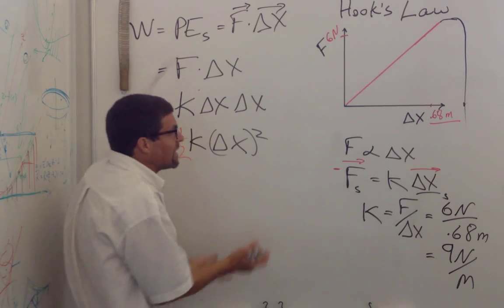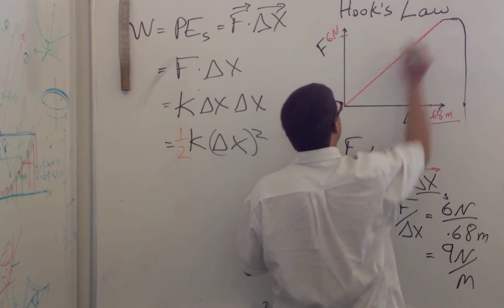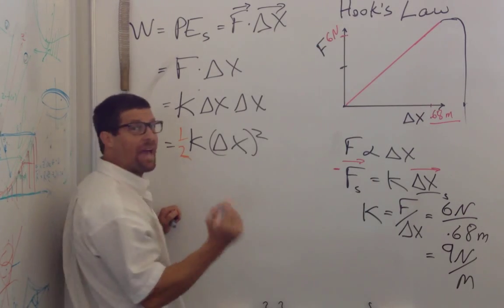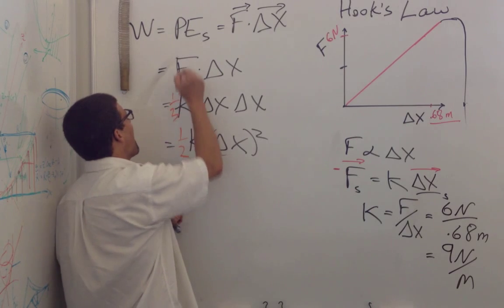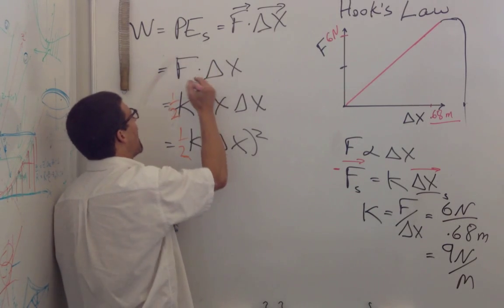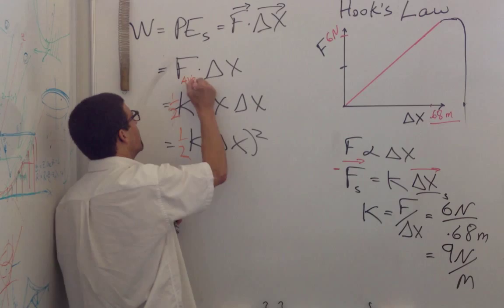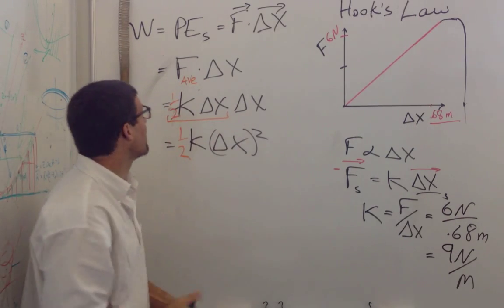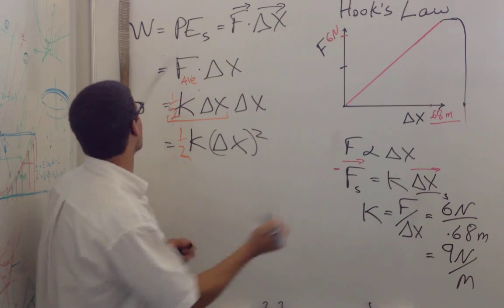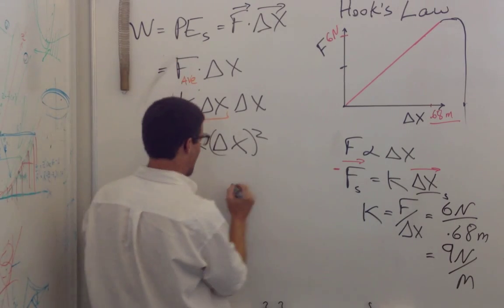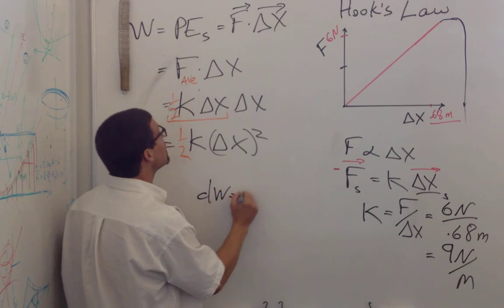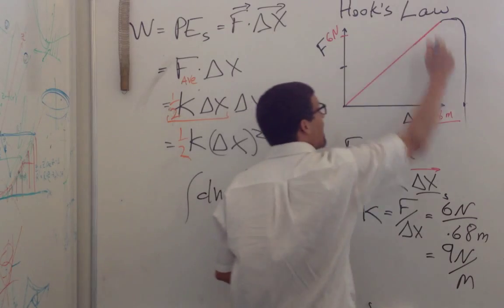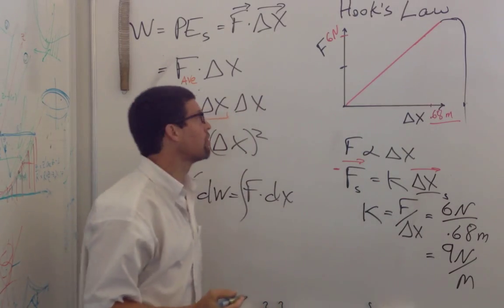And so what we can say is, sure, the force in the beginning was 0, the force at the end was kx. The average force is going to be 1/2 kx. Another way to look at this is let's do the work little by little, and we can say the little bit of work is equal to force dot the little bit of x, and we integrate it, which is the same as finding the area under this triangle.